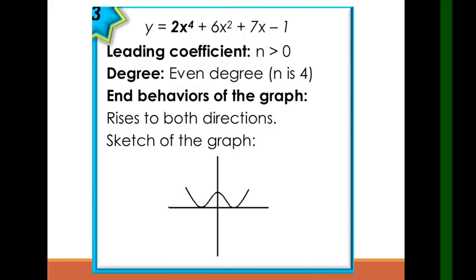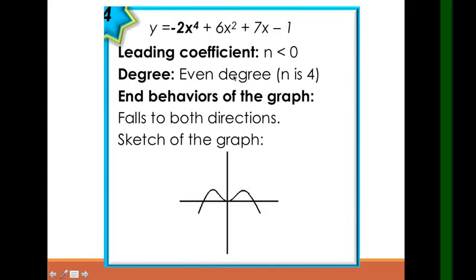So the behavior of the graph is rises to both directions. Kapag daw even degree, at the same time the leading coefficient is greater than 0, pag ganito yung graph niya, parehong rises to both directions.